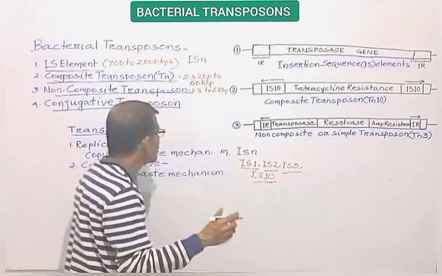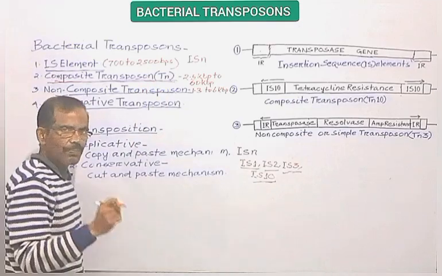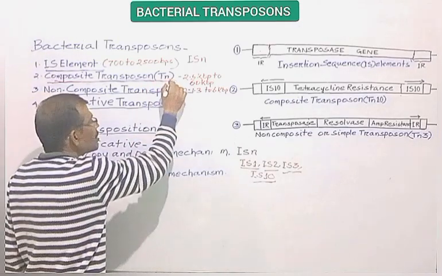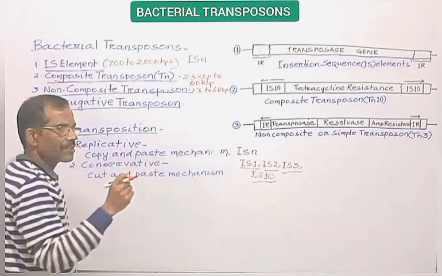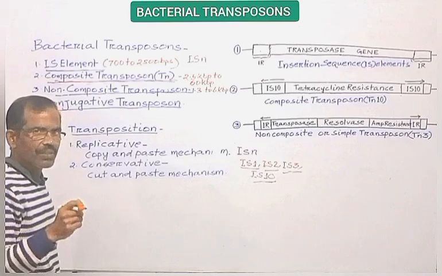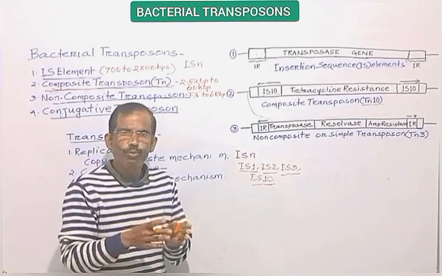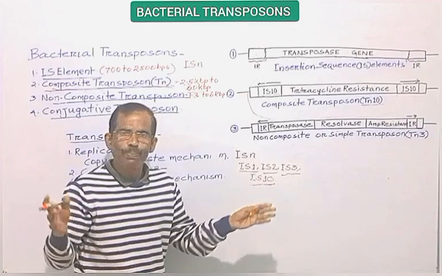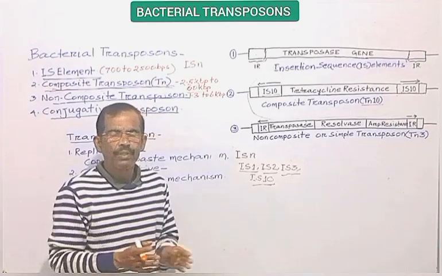Second one is the composite transposon, which is represented by the symbol Tn. These mobile genetic elements are larger and more complex than insertion sequences. Composite transposons are from 2.5 kilobase pairs to 60 kilobase pairs long.